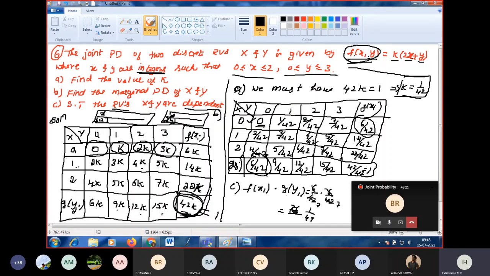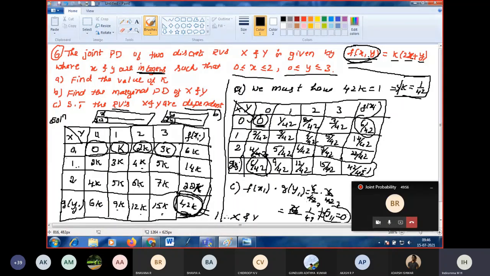If x and y were independent, instead of 0 you would have got 1 by 49. But 1 by 49 is not equal to J11, which is 0. J11 is 0, but it is not equal to 1 by 49. Therefore x and y are dependent.